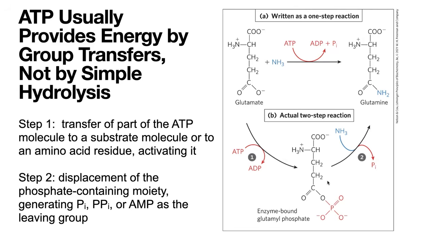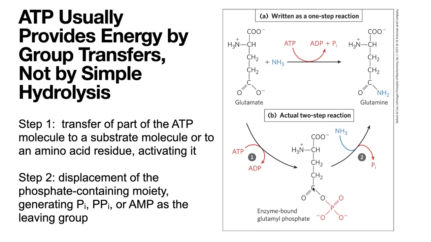And then you're going to replace that with the amino group from ammonia. And so by adding that phosphoryl group, you are both making a better leaving group. So this phosphate group is going to be happy to be kicked off. It's got nice resonance stabilization when it's kicked off. And you're making it so that you've got more electron pulling away from this carbon.